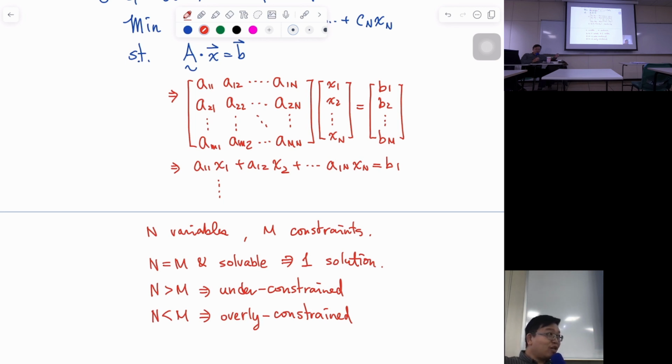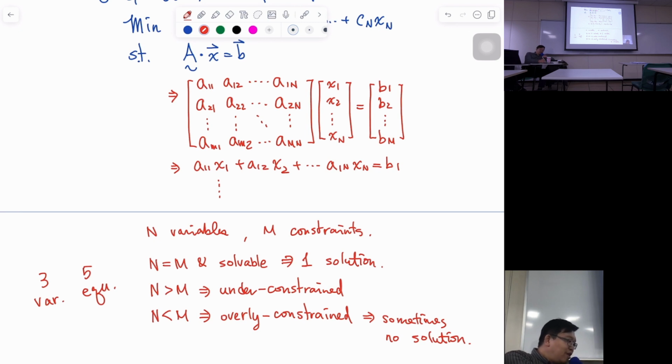If you are overly constrained, most of the time, if you're not lucky, you don't have a solution. For example, if you have 3 variables and 5 equations, maybe 3 out of the 5 can already determine one solution.